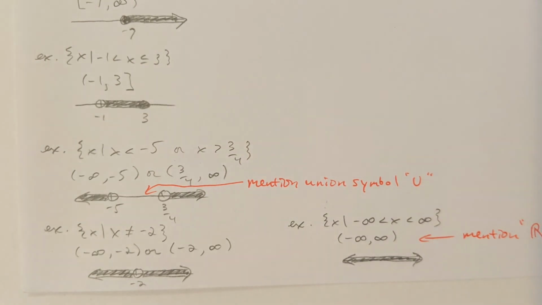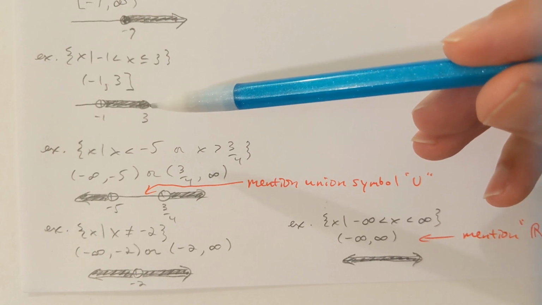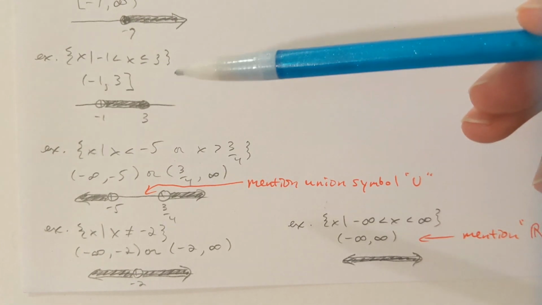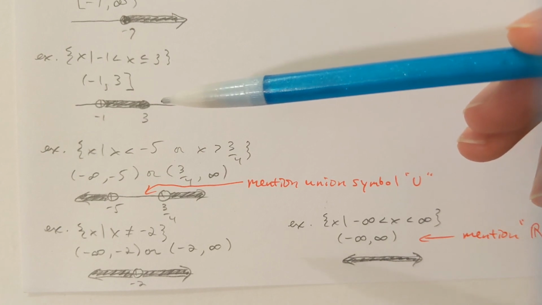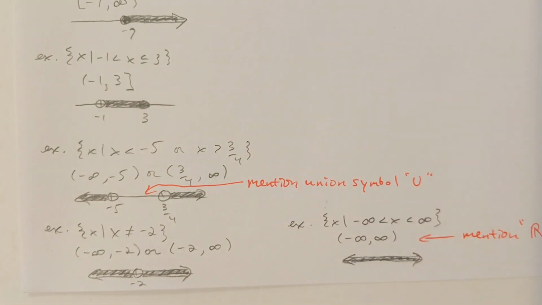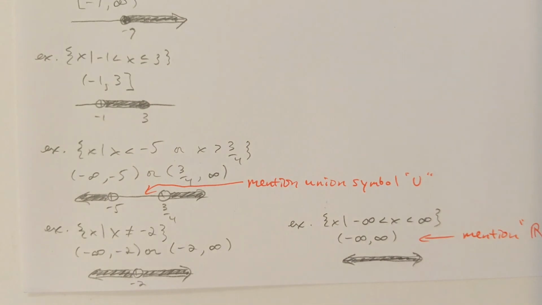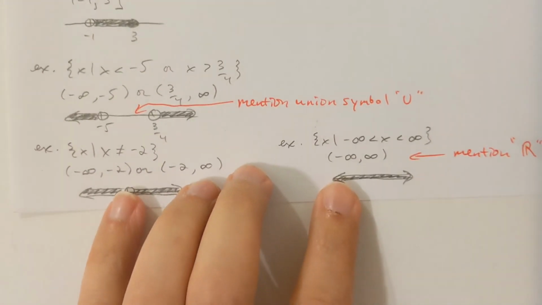And on the number line, I'd include 3 in that set, so I'd have a closed circle at that point. I'm not including negative 1, so I'd want an open circle at that point. And anything between those two numbers should be represented.